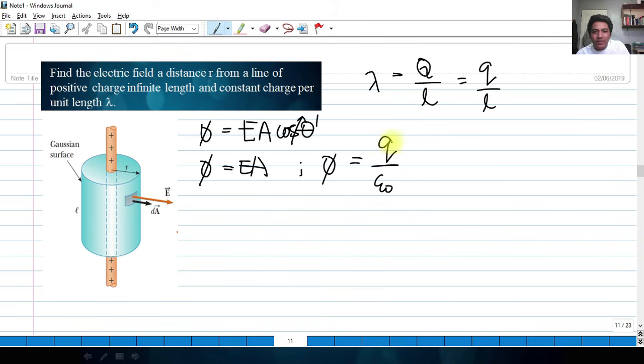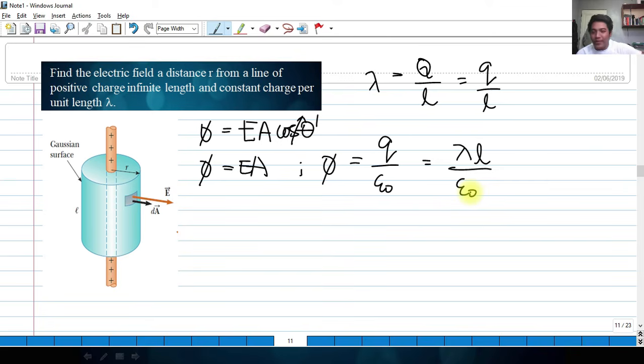If we multiply this flux by L and substitute lambda, we will have lambda multiplied by L over epsilon sub 0.